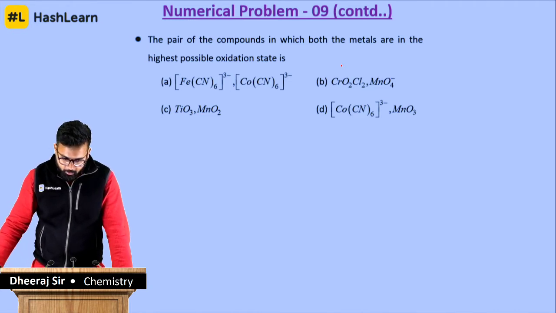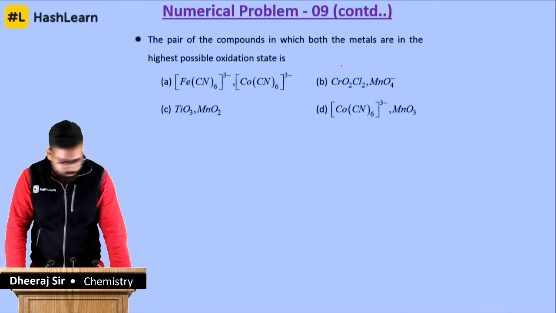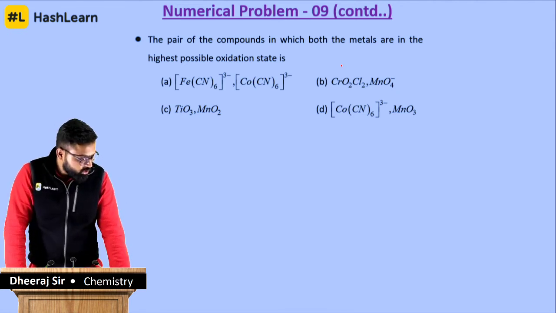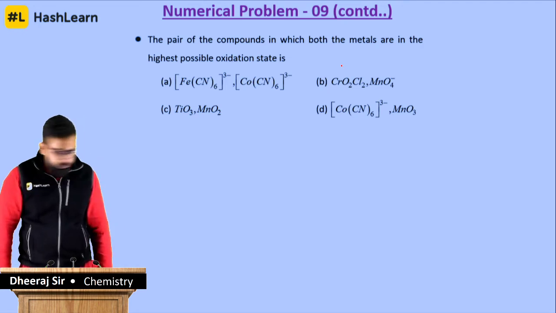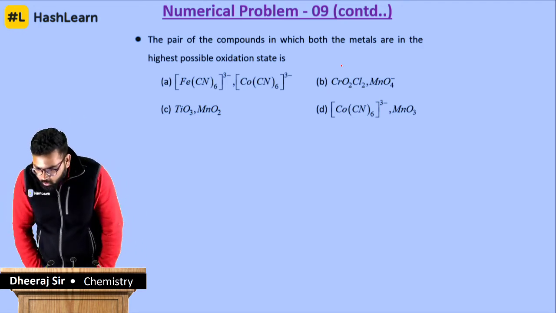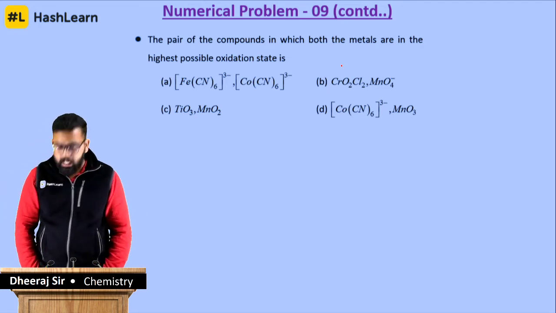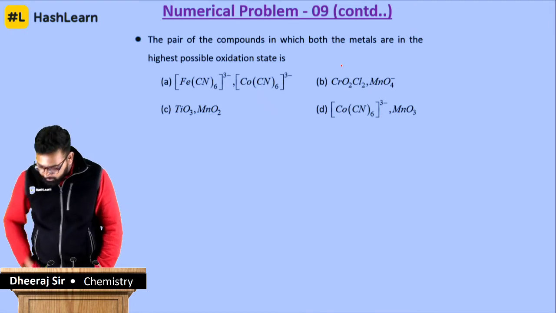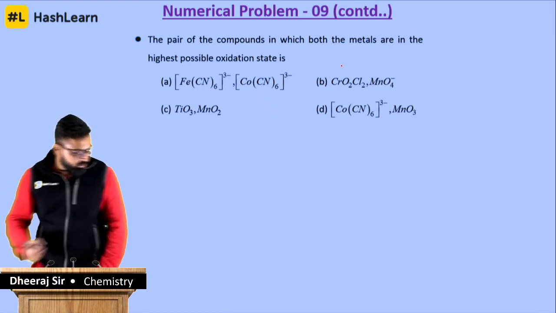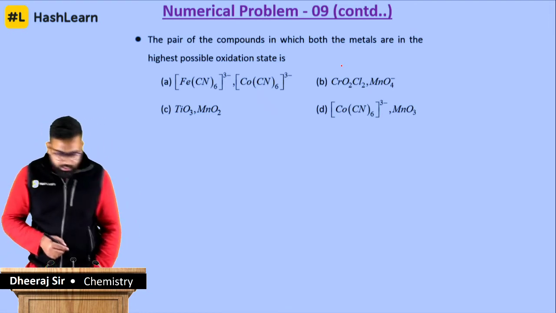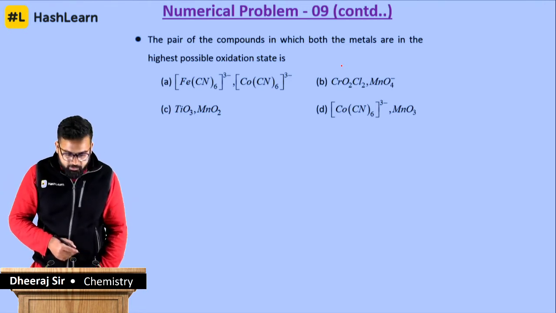So a pair of compounds in which both the metals are in the highest possible oxidation states. Yogesh says A, Peru says B. Let us wait for Sakshi. Meanwhile, Roshan and Shakir have given us the answer. Both of them say it is B. Okay, Sakshi also says it's B. Yes, 4 of you are right. Unfortunately, Yogesh was not able to give us the right answer.